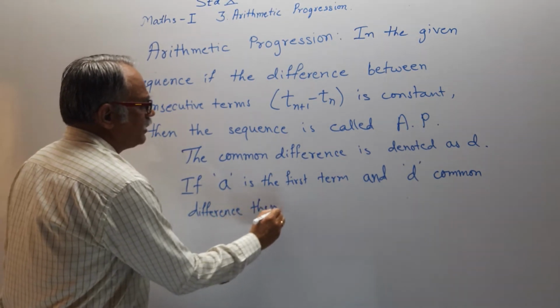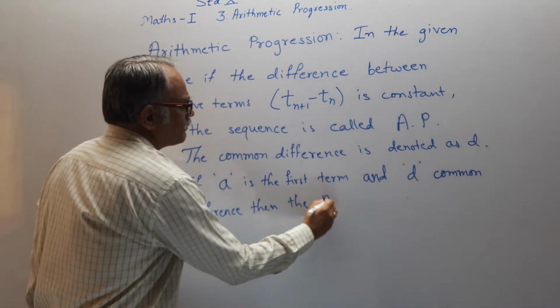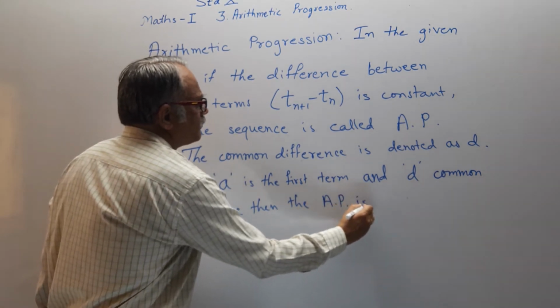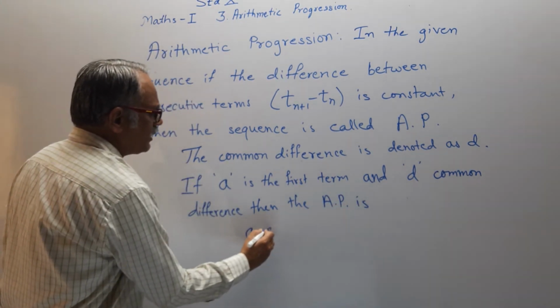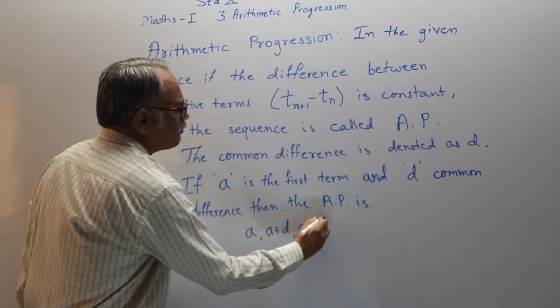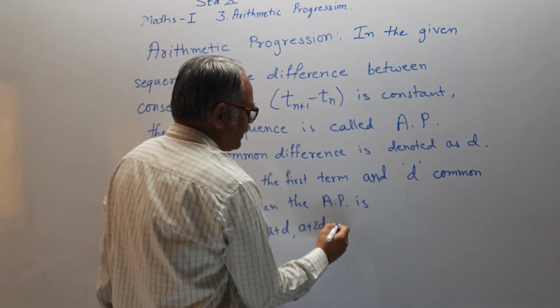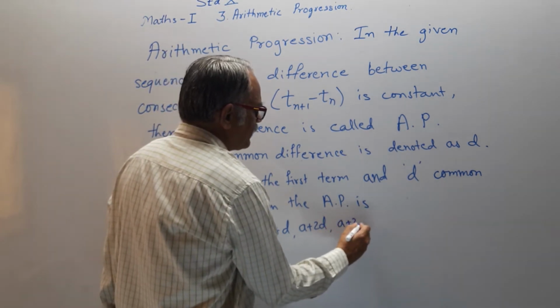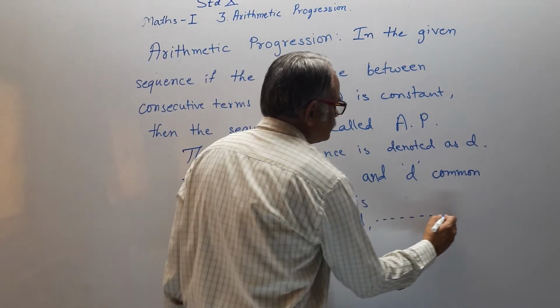then the AP is: first term A, next term A plus D, next will be A plus 2D, next will be A plus 3D, and so on.